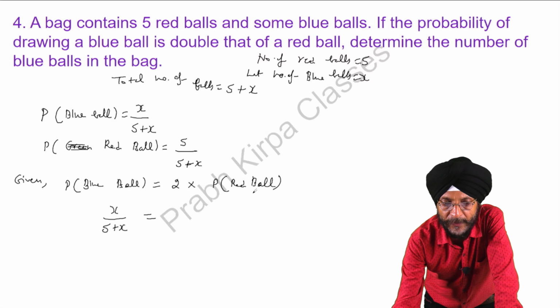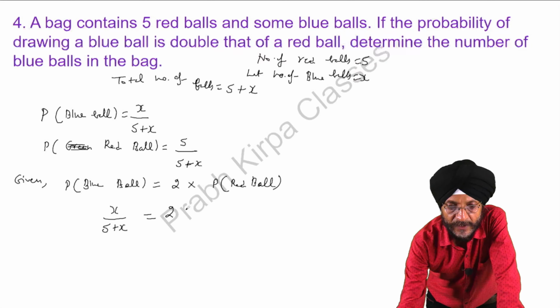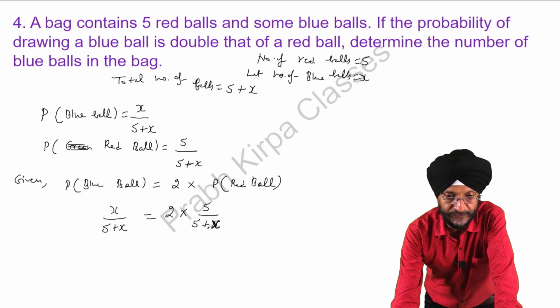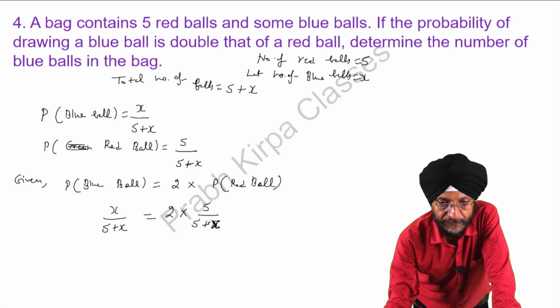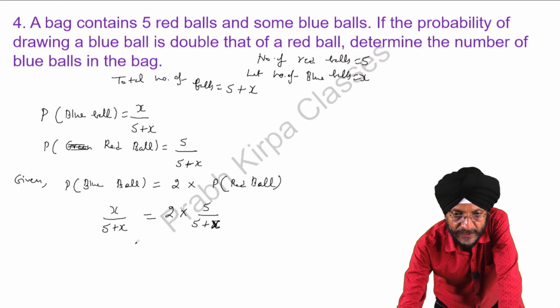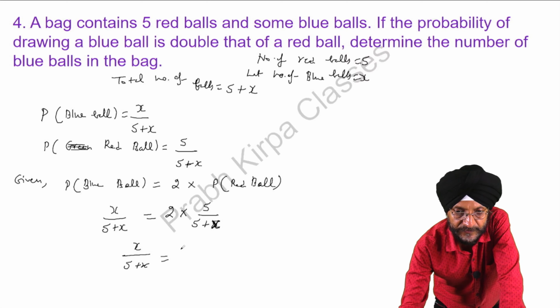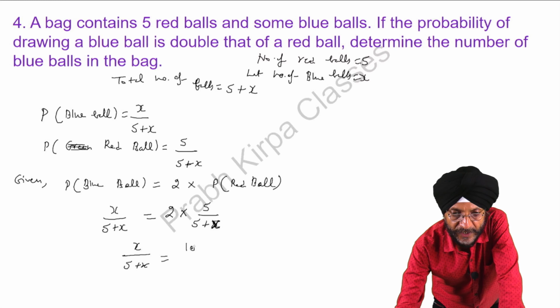Now what is the probability of red ball? We will fill in the values. It will be 5 over 5 plus x. So now what comes? x over 5 plus x equals 10 over 5 plus x.